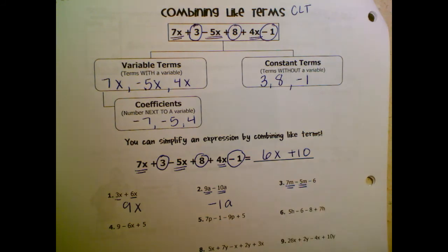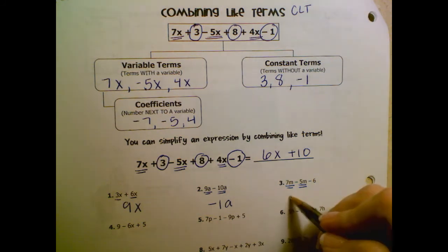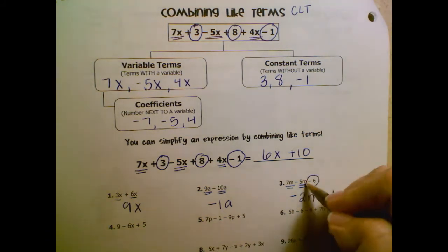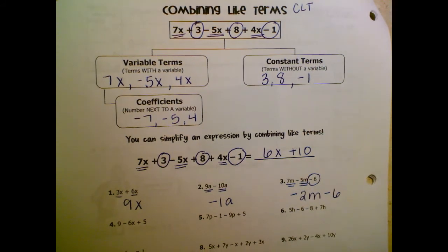7m and negative 5m are the same, so I just add those two together. So 7 plus negative 5 gives me negative 2m. There's nothing else that is the same with a negative 6, so I just bring it down. The 9 and the 5 are the same, meaning they don't have the x with it.